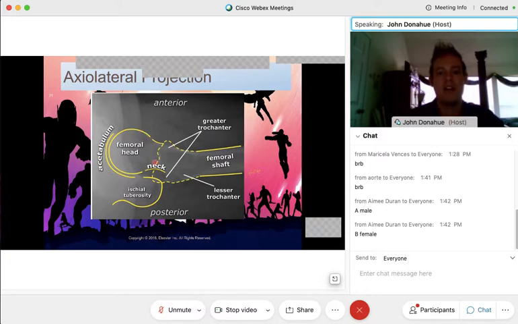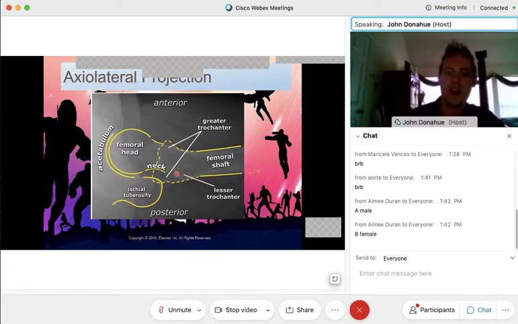Femoral head. Here's the neck. Outlines here, you can see what I'm talking about. The greater trochanter shows up on the anterior and posterior surface of the femur here. Don't let that fool you. This is not the greater and lesser separated. This is the greater by itself. It's just showing up on both sides. Greater, greater. Lesser trochanter is actually superimposed upon the femoral shaft. It doesn't actually jut out.